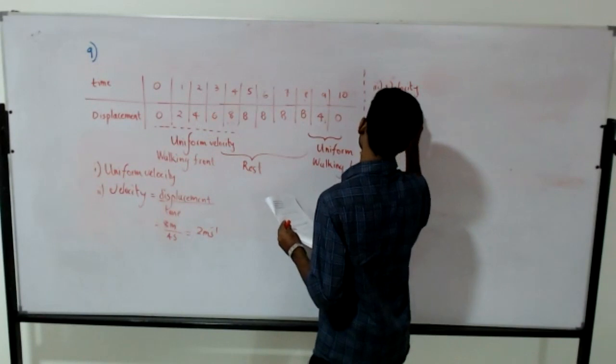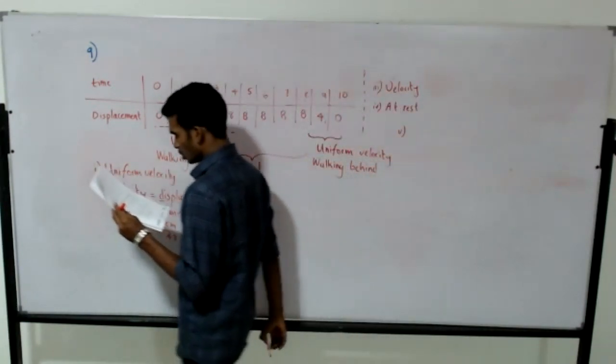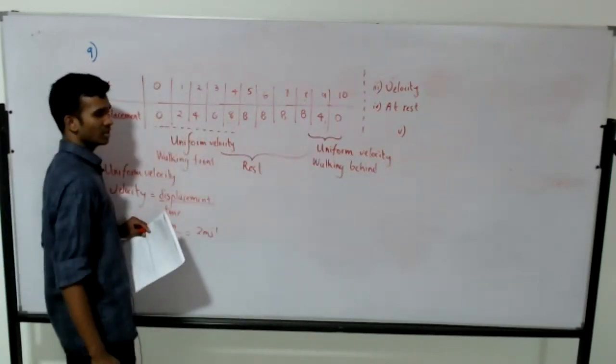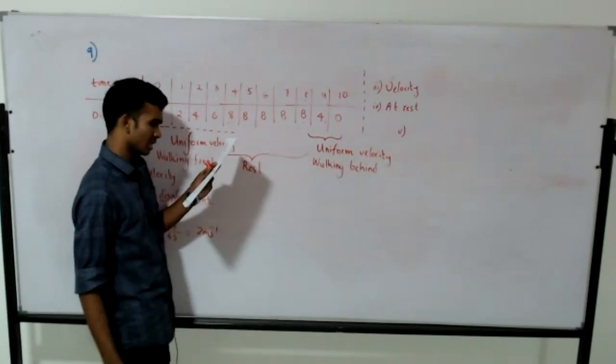At rest. Roman number 5. Describe the motion during the time interval from 8 seconds to 10 seconds. He is having a uniform velocity, but is it a child walking?